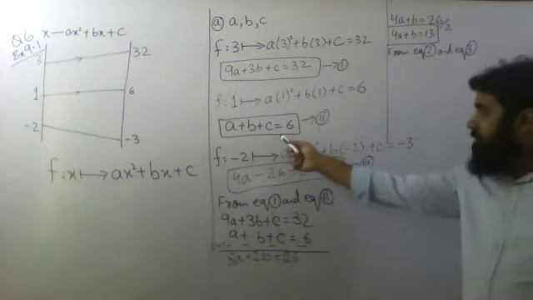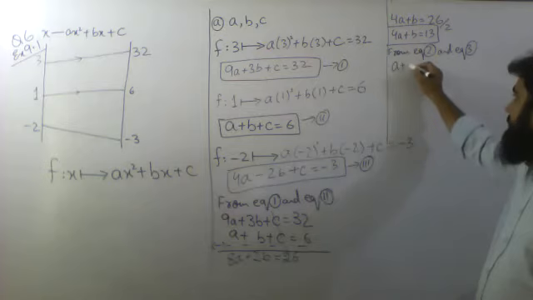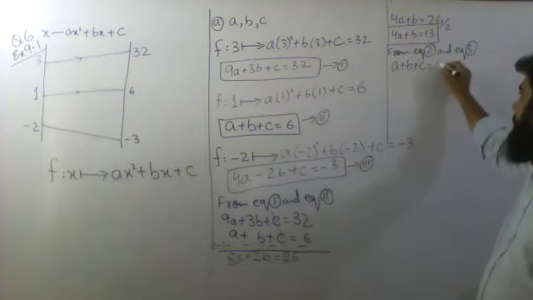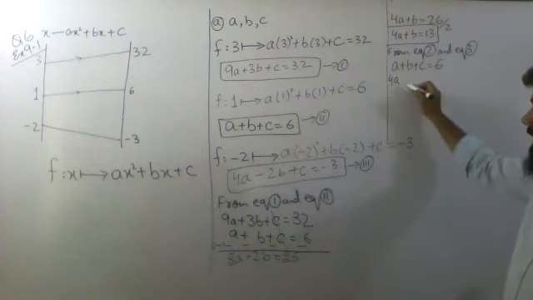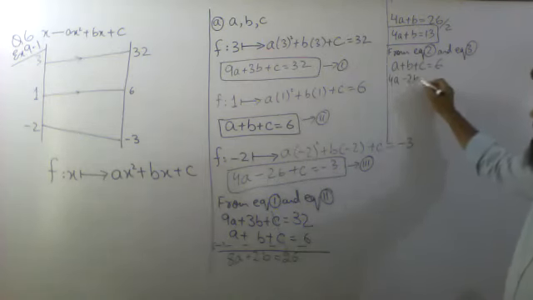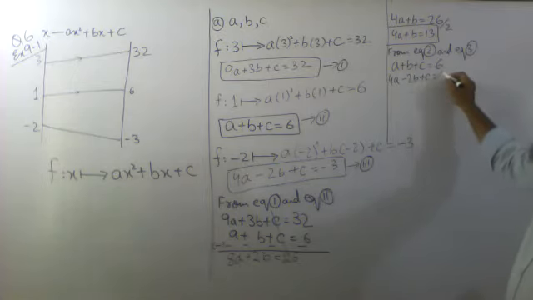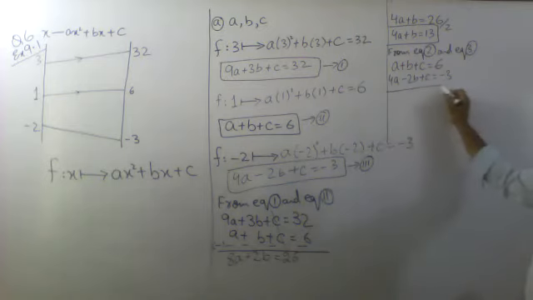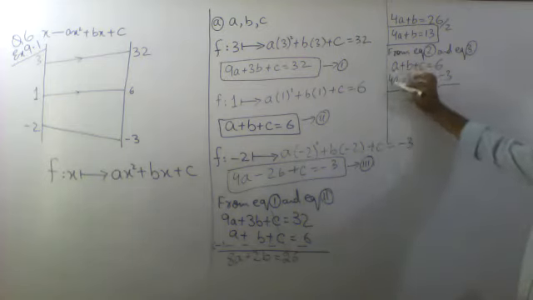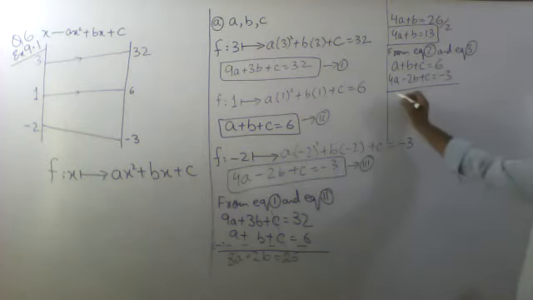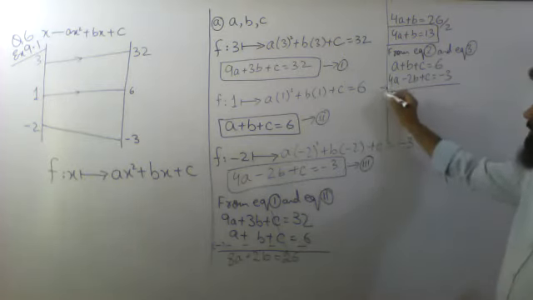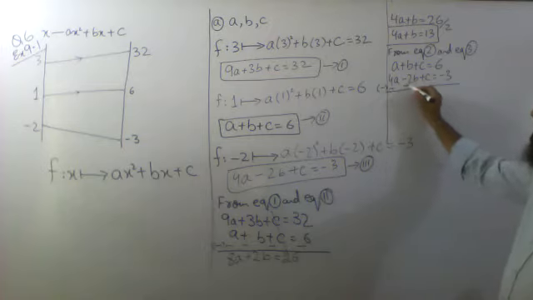What is my equation number 2? a plus b plus c equals 6. Equation number 3 is 4a minus 2b plus c equals -3. Again checking, the coefficients are not the same, but the coefficients of c in these two are the same. So I am going to do the subtraction. The sign will be changed.